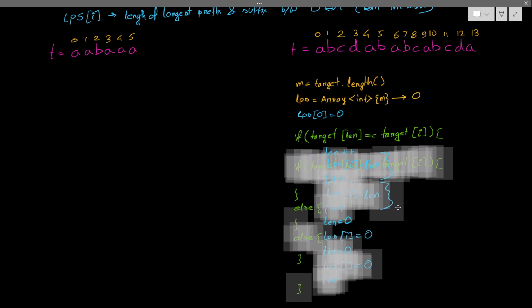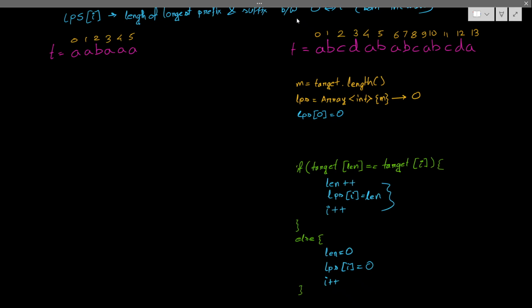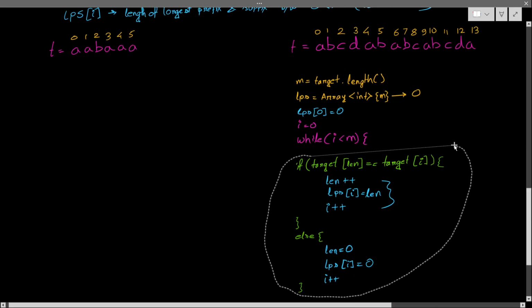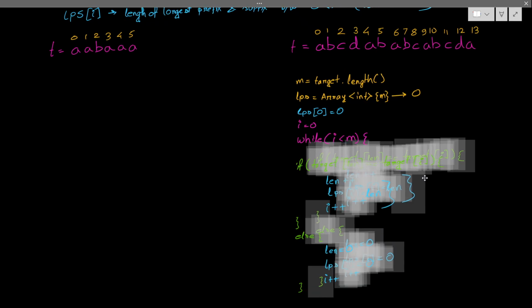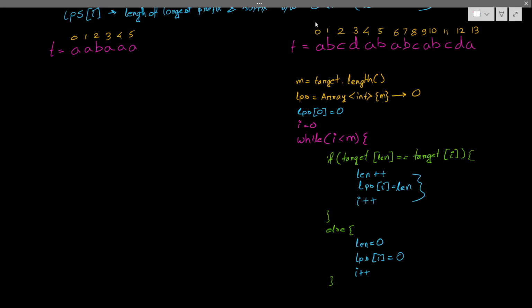And then I start with index I equal to 0 and write a while loop: while I is less than m, I will iterate, and I will check. After this I will iterate, and that's all I will do. Fine, so this is our algorithm right now.